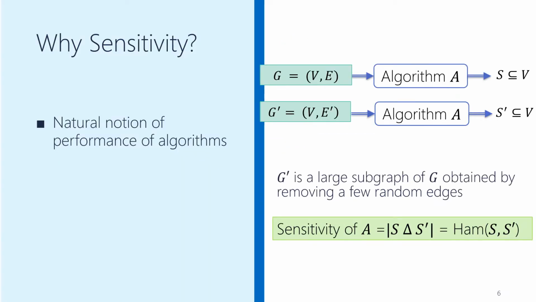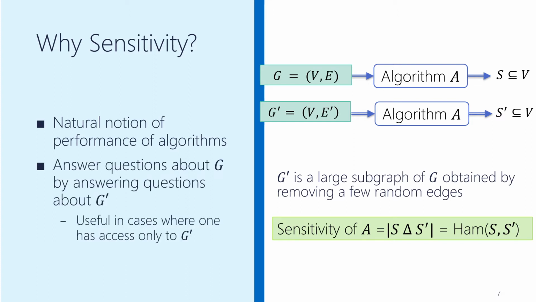This is okay because sets are equivalent to their characteristic vectors. Sensitivity is a natural performance notion just like approximation guarantee or running time. Moreover, if an algorithm has low average sensitivity, we can use it to solve problems on large unknown graphs, provided we have access to a large random subgraph of the graph. The situation occurs frequently as it is often hard to obtain full information on large graphs.